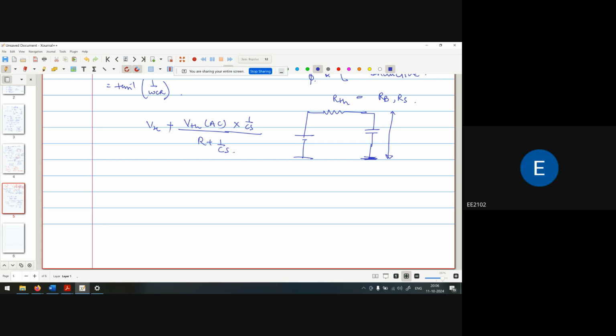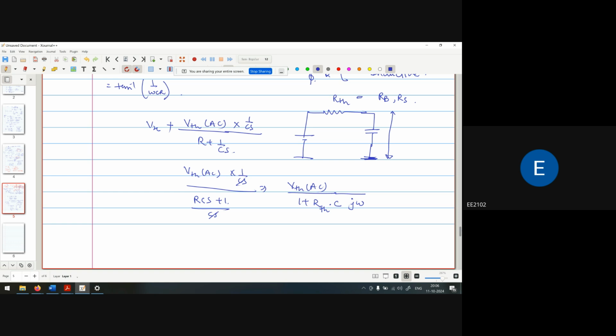If I take the LCM, RCS plus 1 upon CS, it will be cancelled out. What remains is VTH due to the AC upon 1 plus RTH into C into S, where S is j omega.